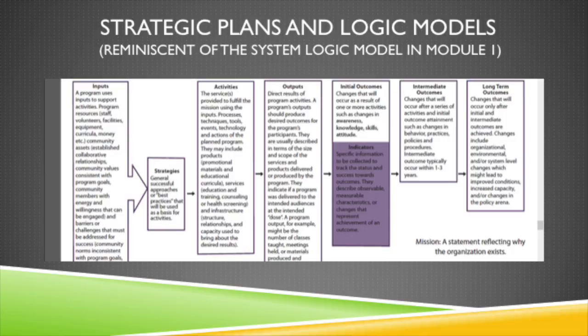The process between identifying the resources and leading to the activity is the strategy. You want to optimize your resources, your time, your finances to achieving these goals through these activities, and to do so, you need to have a strategic plan.